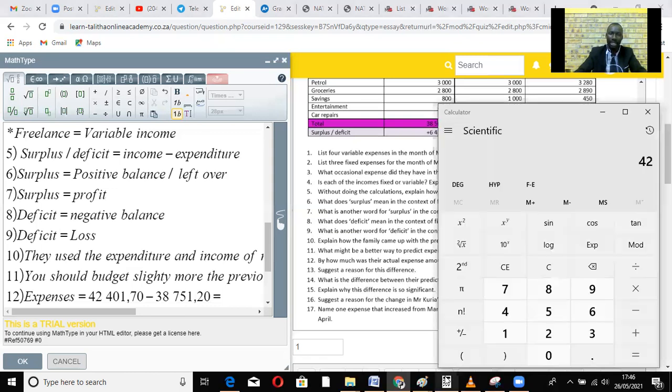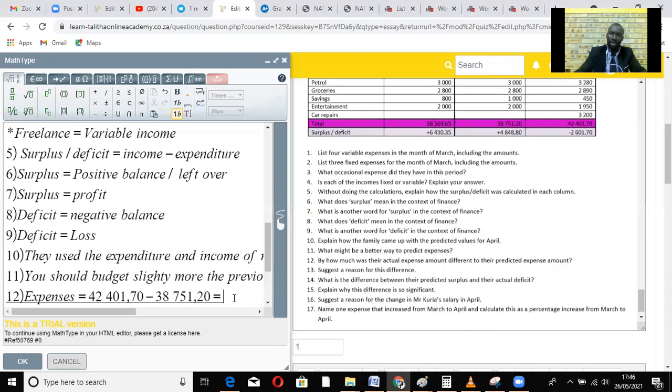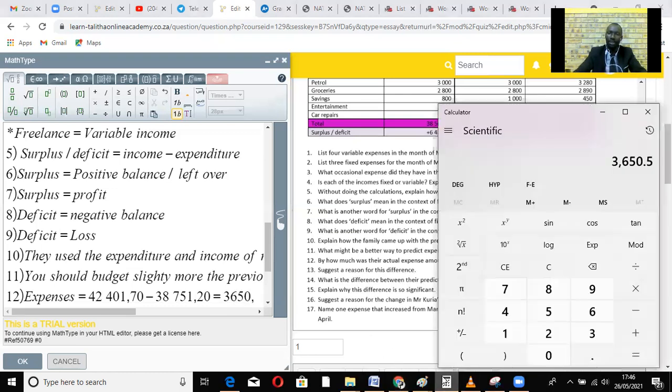So with our calculator, we can then go ahead and say, well, 42,401.70 minus 38,751.20 would give us a value of 3,650.50.